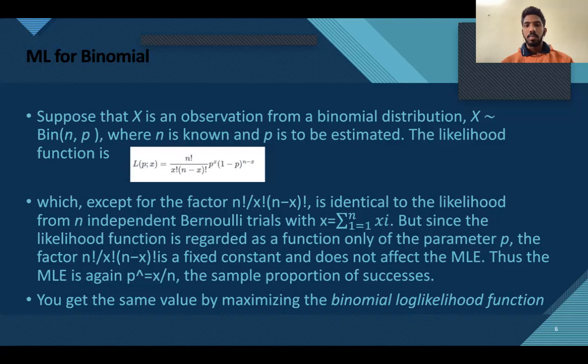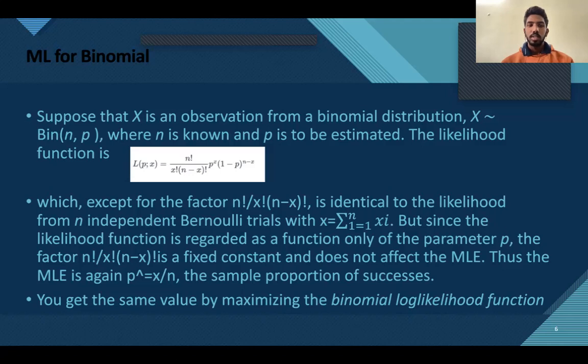But since the likelihood function is regarded as a function only of the parameter p, the factor n factorial by x factorial (n minus x) factorial is a fixed constant and does not affect the MLE. Thus, the MLE is again p hat equal to x by n.